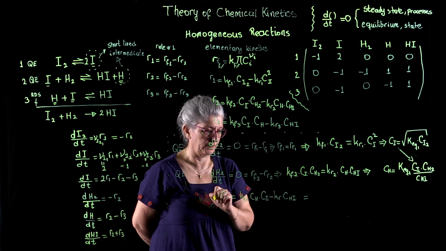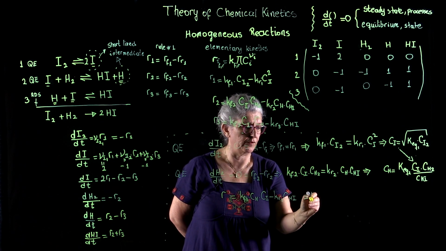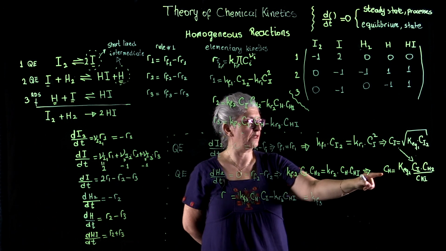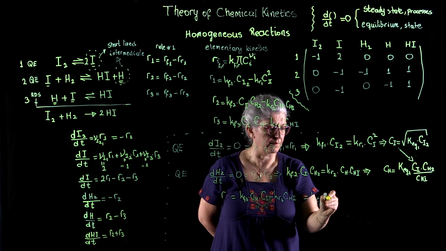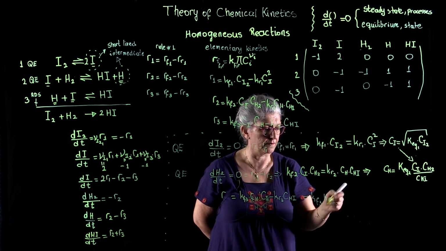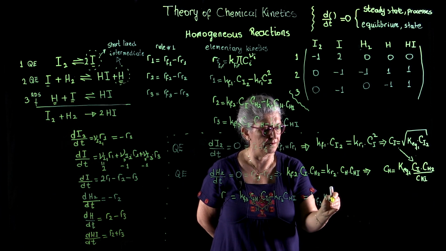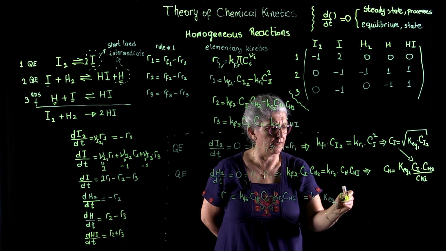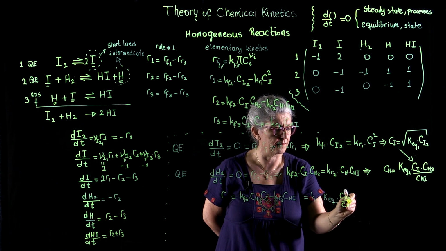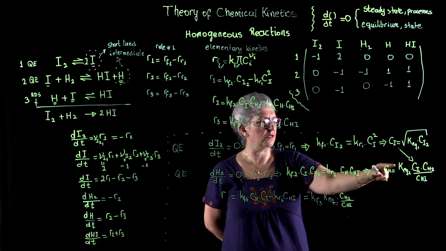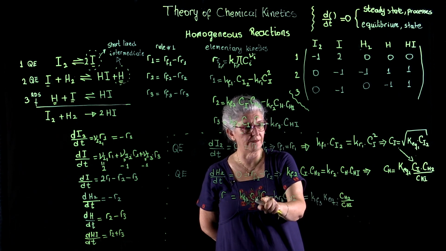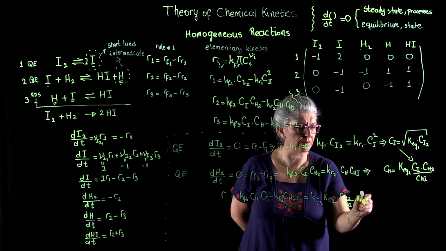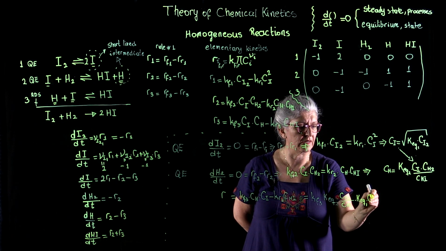This rate is equal to K forward 3 times concentration of H, times C_H2 divided by C_HI, times concentration of I here, concentration of I here one more time, so concentration of I raised to the power 2, that is equal to K equilibrium 1 times C_I2.